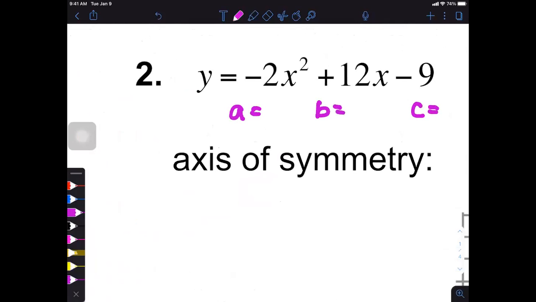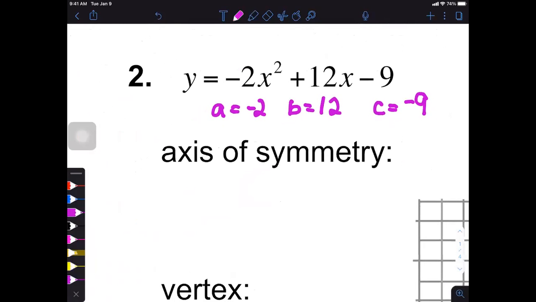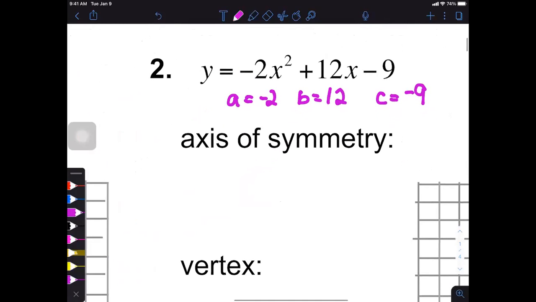What's our C? -2, yep, 12, and -9. Good. The axis of symmetry, if you remember, is the formula X equals -B all over 2 times A.